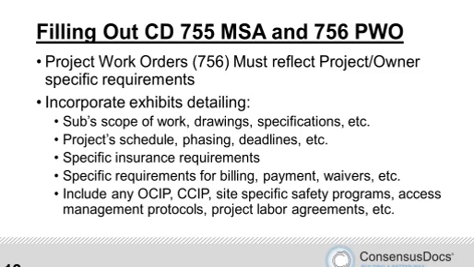But I would say that for each individual subcontractor and for each individual contractor, the real focus for you should be this Consensus Doc 756, the standard project work order. Because in this, you're going to be defining the scope of work, the payment, the procedure for progress, drawings, specifications, all of that.